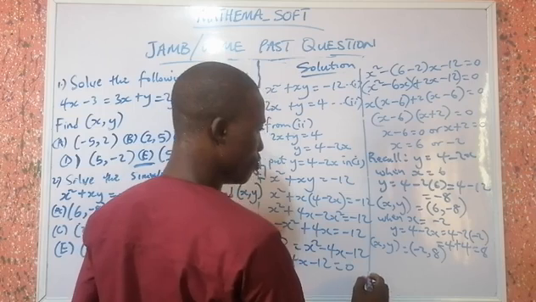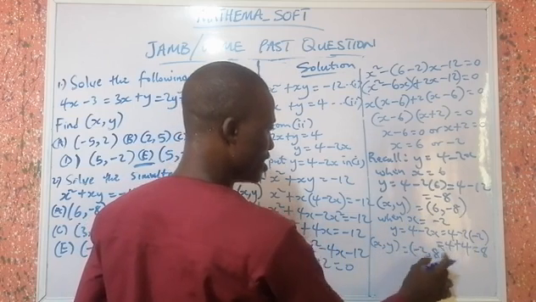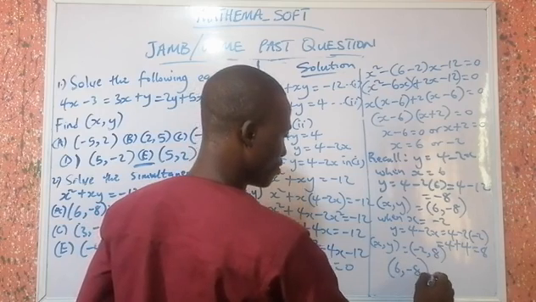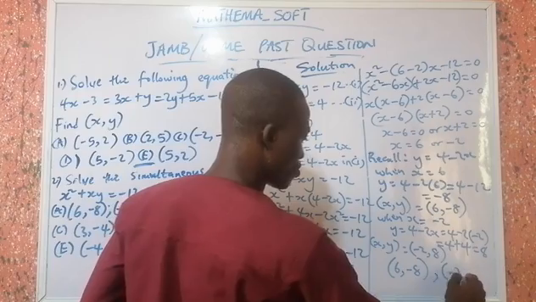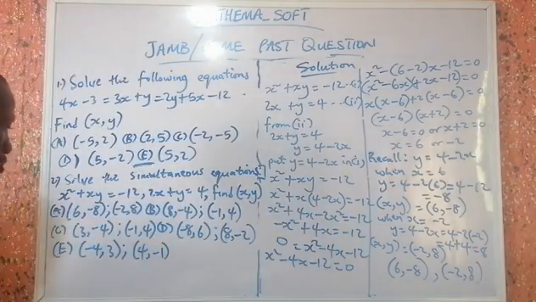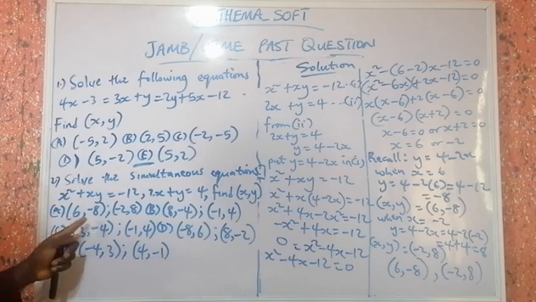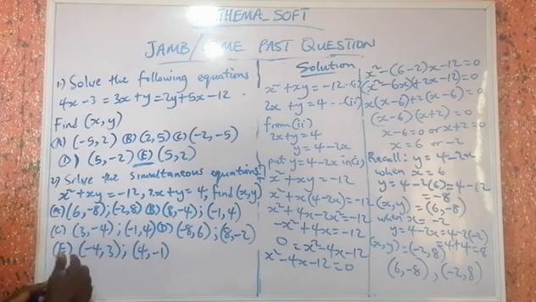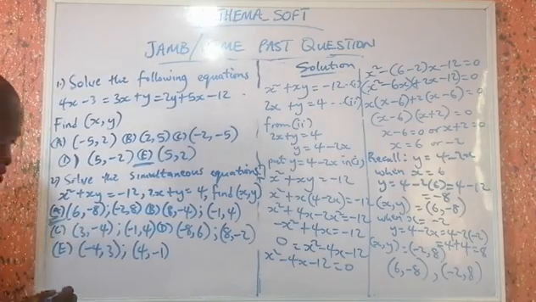So our solution will be this and this. That will be 6 comma minus 8, comma minus 2 comma 8. That will be our solution. So let's look at the options. I think that's option A, 6 comma minus 8, comma minus 2 comma 8. So this will be our solution.